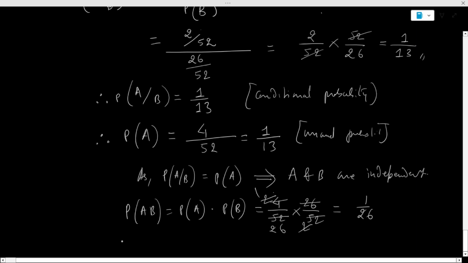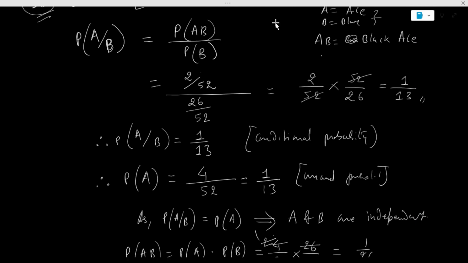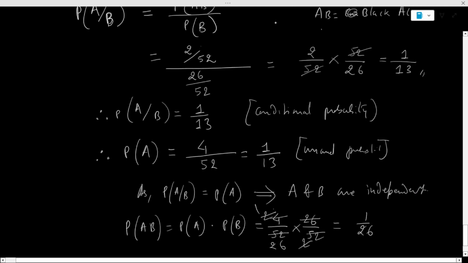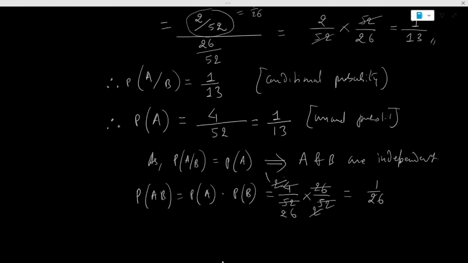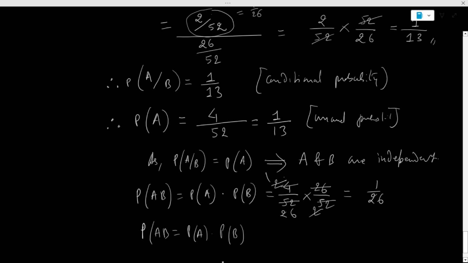And what did we find for the probability of AB from the conditional probability? It is 2 by 52, which is also equal to 1 by 26. Therefore the probability of AB was equal to the probability of A into the probability of B. That is why we say that the events A and B are independent.